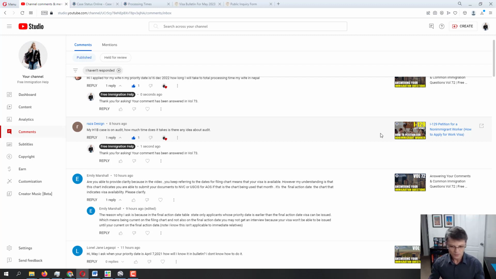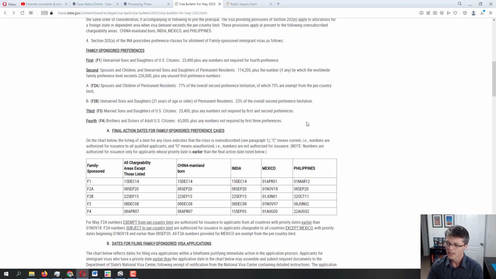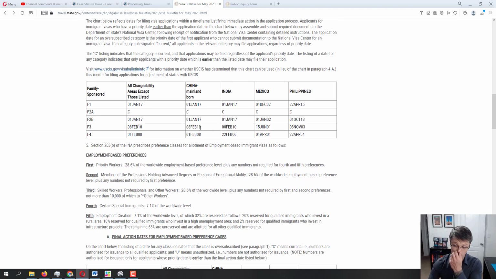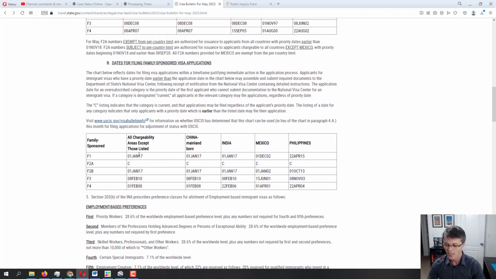Because obviously, if you are way past, right? If you're, let's say, a year over the priority date. So let's say, for example, I'm going to pull up the visa bulletin. Let's say we're looking at the first preference category on chart B. It shows January 2017. Let's say someone has been waiting since January 2016 and they're wondering.